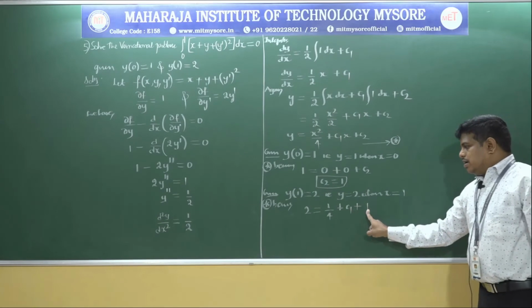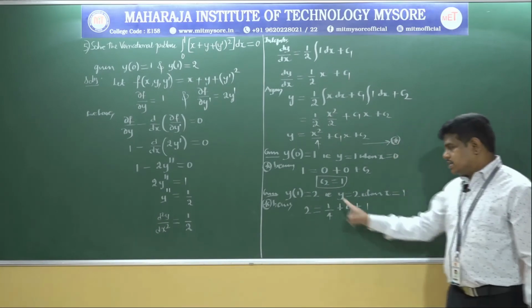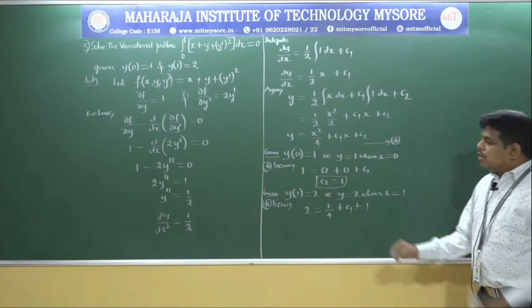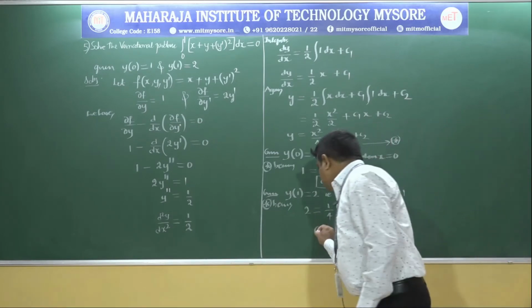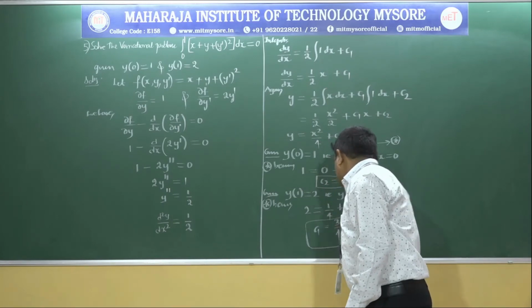Next, I am shifting 1 to the left, 2 minus 1 becomes 1. Next, again shifting 1 by 4 to the left hand side, it becomes minus 1 by 4. On the right hand side you have 1, 1 minus 1 by 4 is 3 by 4. Therefore, C1 value is 3 by 4.